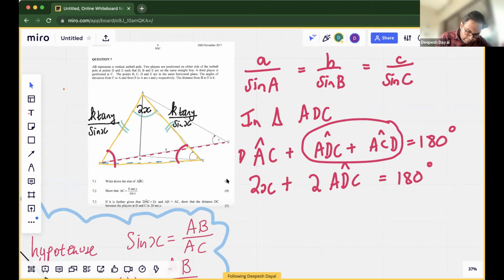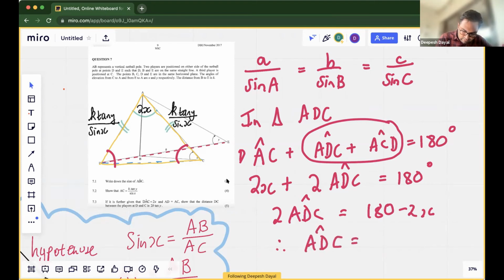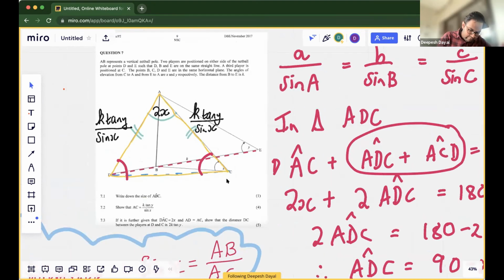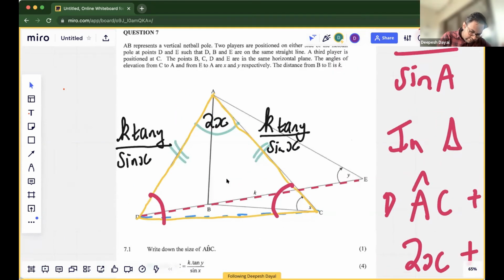That's why I say 2 ADC equals 180 degrees. Then I'm going to say here, 2 ADC equals 180 minus 2x. And therefore, angle ADC equals 90 minus x. So ADC is 90 minus x, right? This whole thing there is 90 minus x.